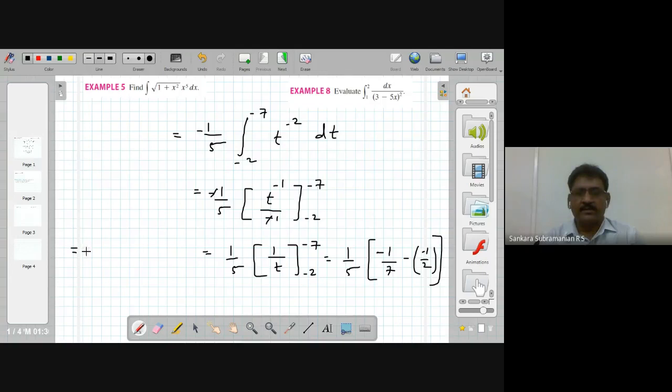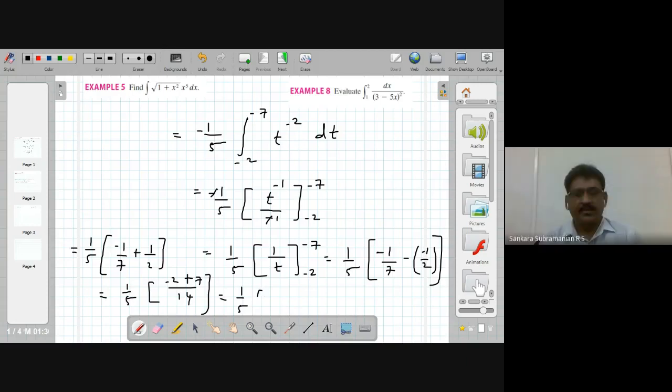So the final answer is 1 by 5 into minus 1 by 7 plus 1 by 2, or you can write it as over 14, this is minus 2 plus 7, which is 5 by 14. 1 by 5 into 5 by 14, you get the value as 1 by 14.